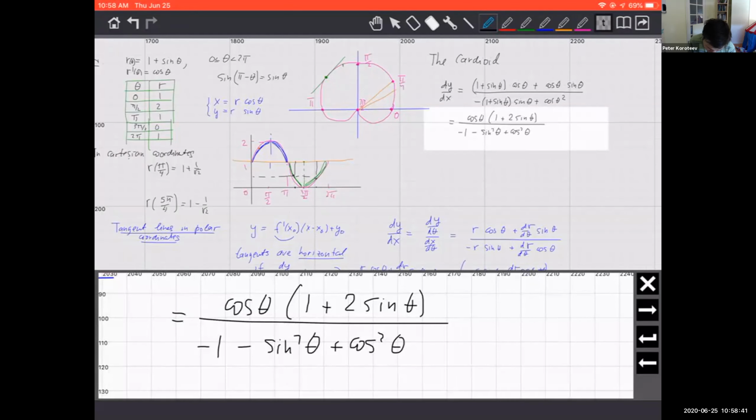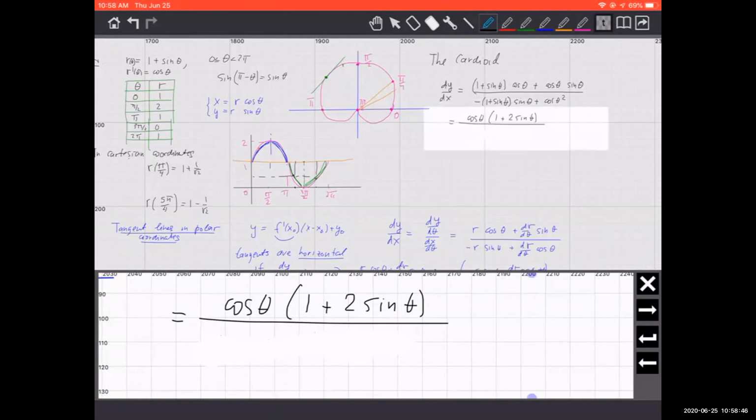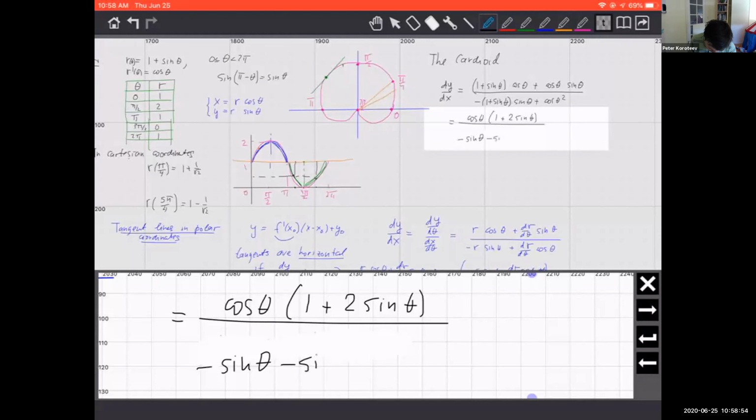Oh, I'm sorry, there's an error. It's not that, it's minus sine theta. So it's minus sine theta, minus sine squared theta, plus cosine squared theta.